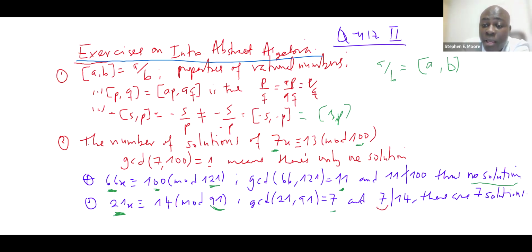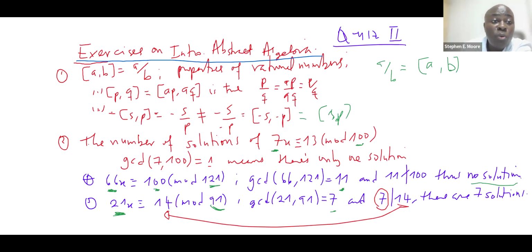Because it divides 14, we say that there are existing solutions to this linear congruence. So this is a way to determine how many solutions exist, or whether there are no solutions to a certain linear congruence.